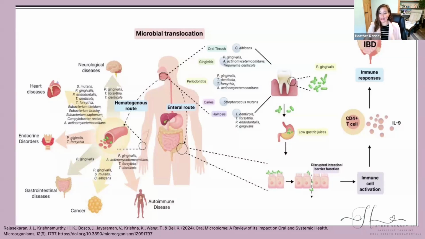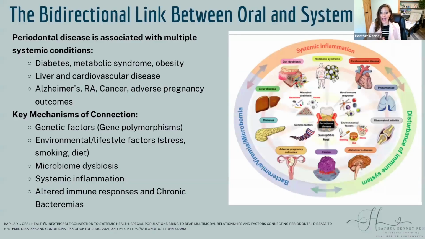So we have to look at the whole body and how our mouths are actually impacting our health, even beyond just bleeding points in the mouth. So it's important to understand that disease is bi-directional. How we eat and what we have going on in our health history impacts periodontal disease, and periodontal disease will impact systemic health.